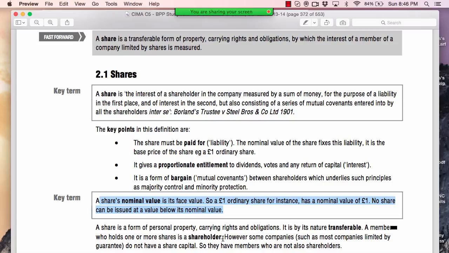You can issue shares at $30. But if my nominal value of the share is 10 and I'm thinking of issuing at 8, I cannot do that. Is that clear? It's because it's less than the actual value, that's why you can't do it. Correct. Yeah.